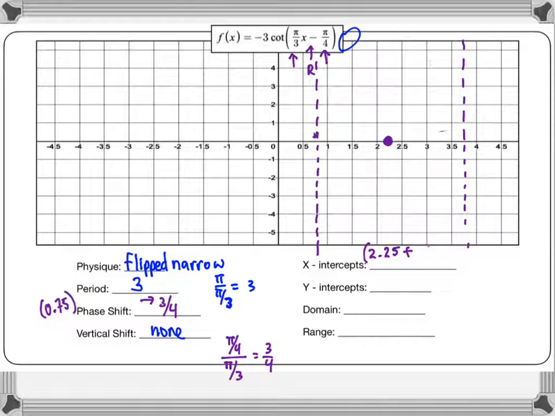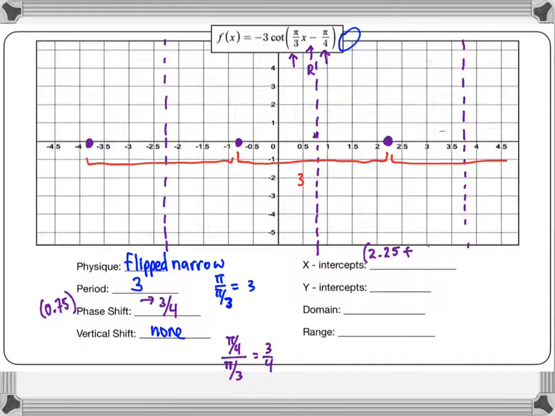I forgot to fill out the rest of this stuff, so let me do that right quick. Okay, that's better. And we have this distance of 3 in between here.